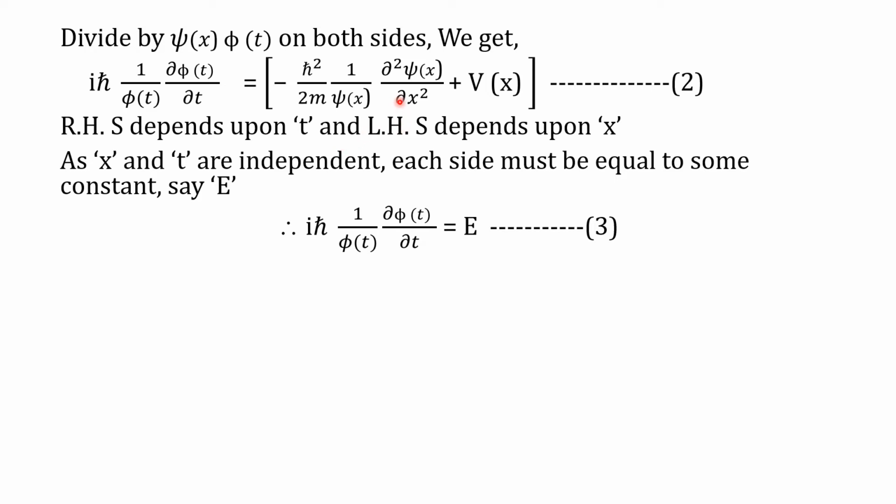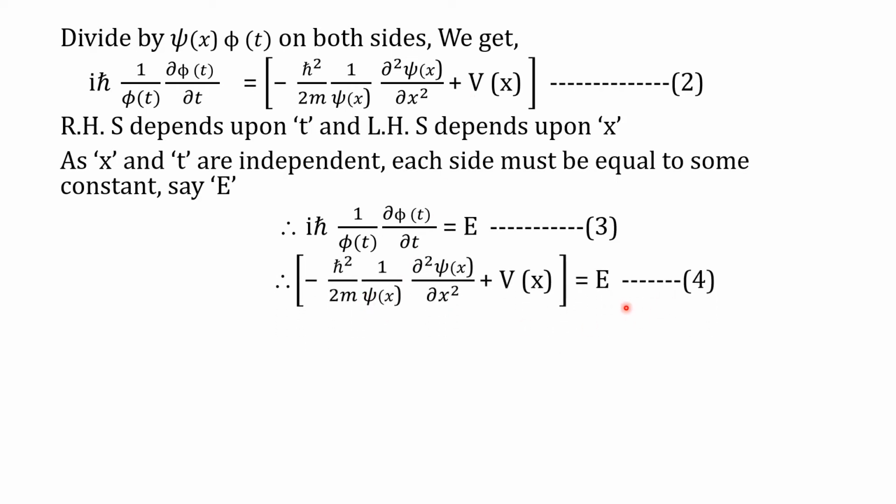Another equation simply depends on x. The other side must be equal to some constant, that is E: minus h cross square by 2m into 1 upon psi of x into del square psi of x by del x square plus V of x equal to E.